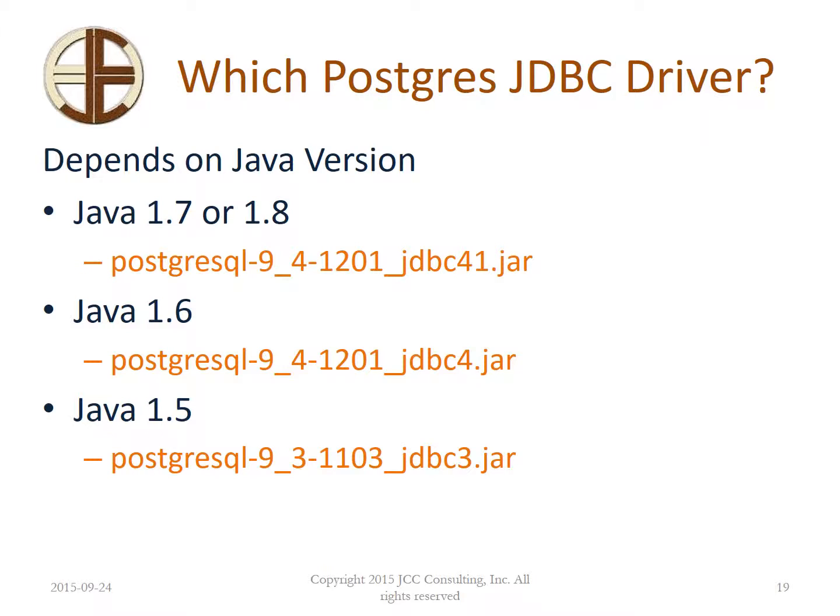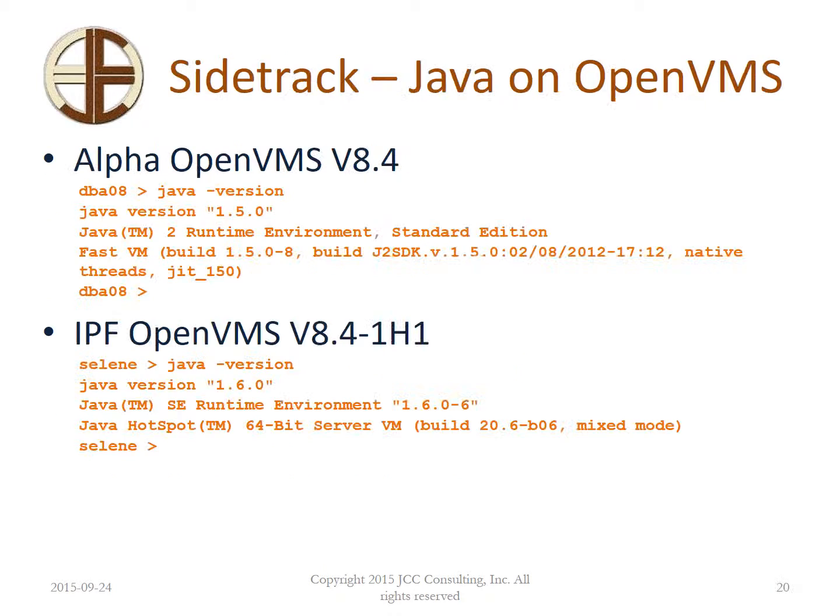So which Postgres JDBC driver should you use? According to the Postgres documentation, if you're using Java 1.7 or 1.8, then you use the JDBC 4.1 jar. For Java 1.6, the JDBC 4, and Java 1.5, you use the JDBC jar. On Alpha OpenVMS, the latest version of Java is 1.5.0-8.